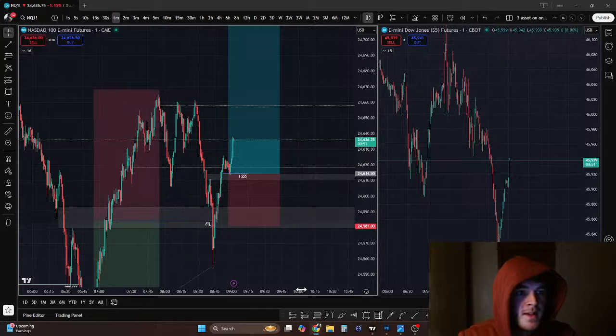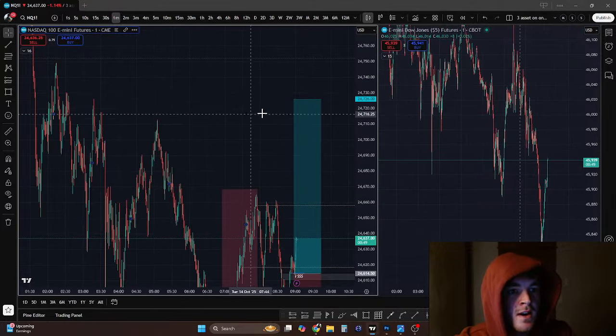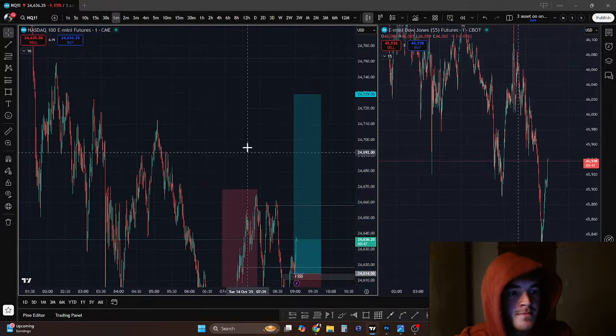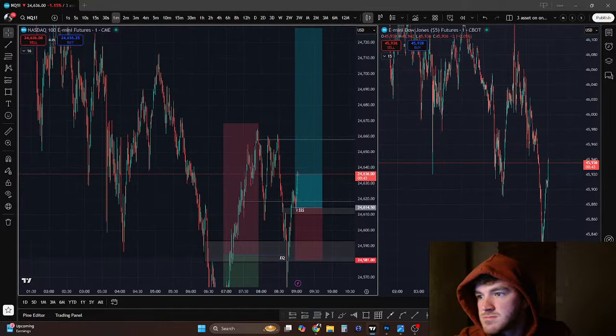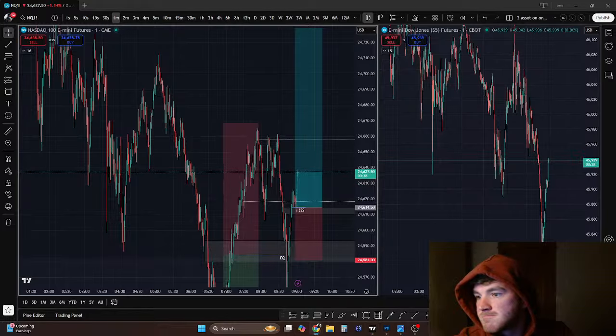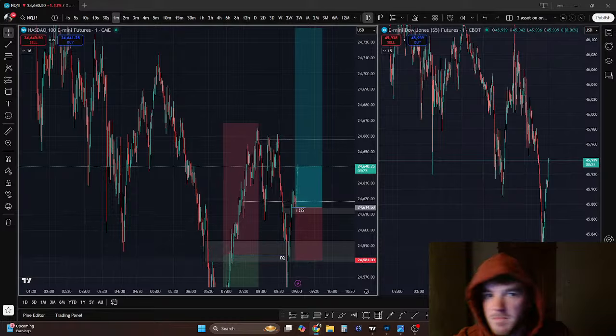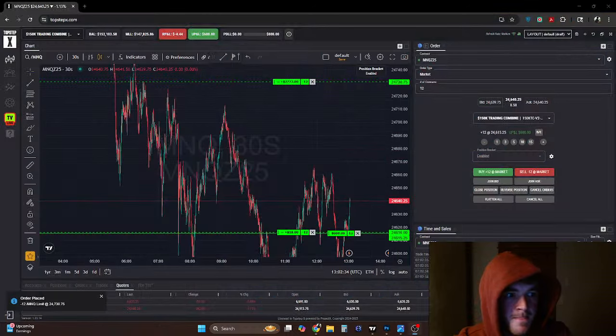Yeah, I'm gonna take profit at that obvious draw on liquidity, which is right here, right? Yeah, so this is where I'm taking profit. This is 3.4R if this hits.